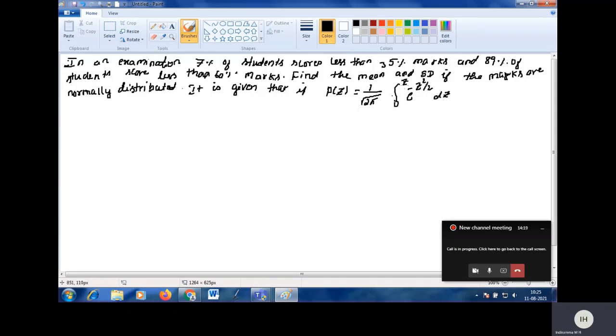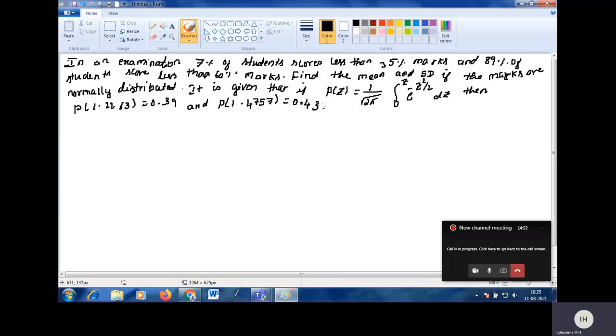This is the formula for P of z. Then P of 1.2263 is equal to 0.39 and P of 1.4757 is equal to 0.43. So this is the given data.